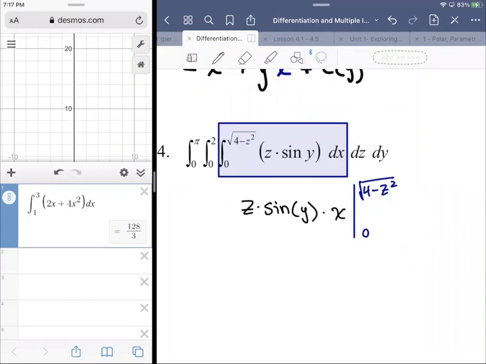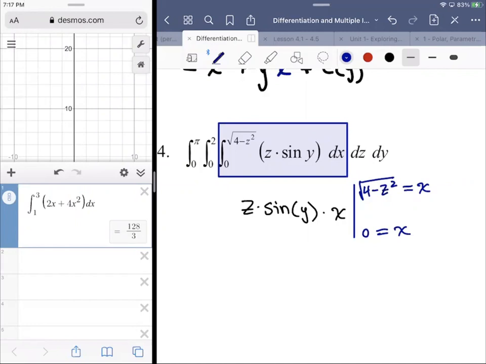I could pop in, again, this is x equals, because that was the variable of integration, x equals 0, x equals the square root of 4 minus z squared. If I plug in a 0, it's not going to amount to anything, but the radical 4 minus z squared most certainly will.